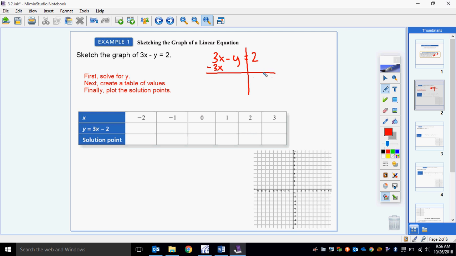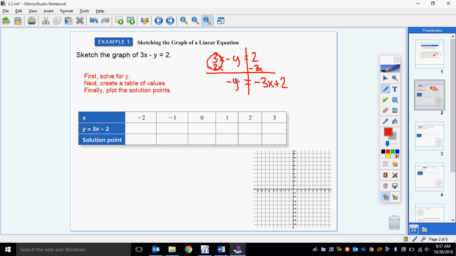So if I subtract 3x, what that's going to end up doing is zeroing those out. So what's left is a negative y, and over here, a 2 minus 3x. Those aren't like terms, so I can't turn this into a negative 1x. I can't combine them because they don't both have an x. So I'm just going to write down my minus 3x and my positive 2.